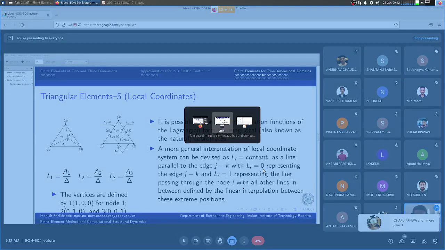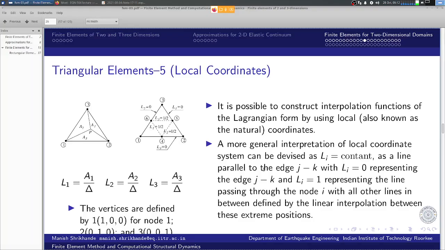Okay, so let us continue with our discussion on modeling of two-dimensional domains by using triangular elements.